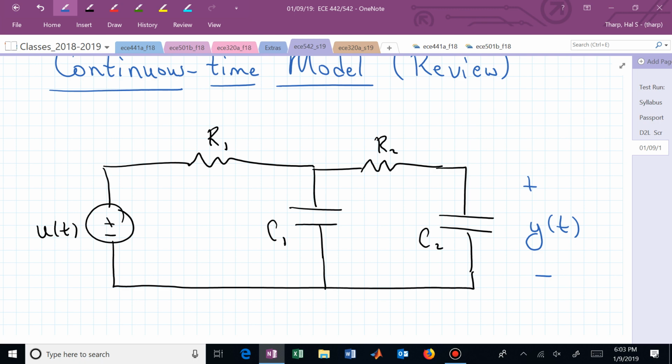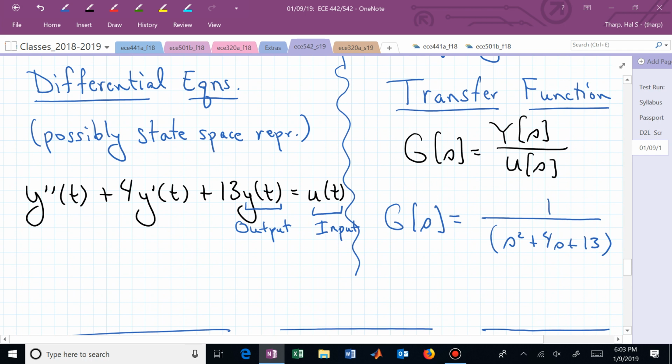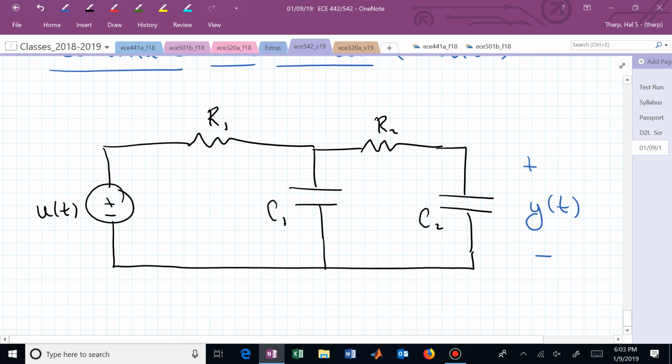What did you talk about up here when you ended up with a differential equation? What was one of the characteristics of that differential equation? Its order. You said, oh, it's second order. Can you say anything about the generic order of this circuit? Is it first order?